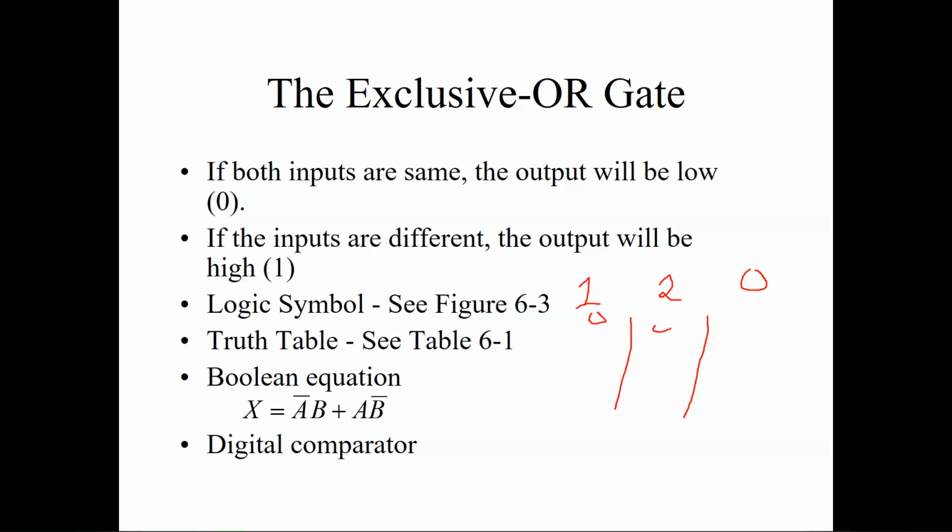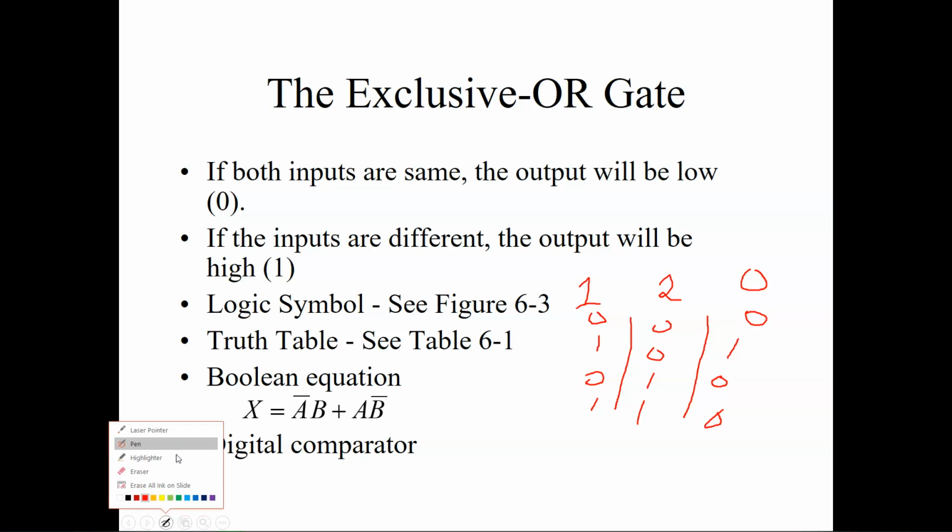So we go 0, 0, 0; 0, 1, 1; 1, 0, 1; and then 1, 1, 0. I'm sorry, there's one of those that's supposed to be a 1.